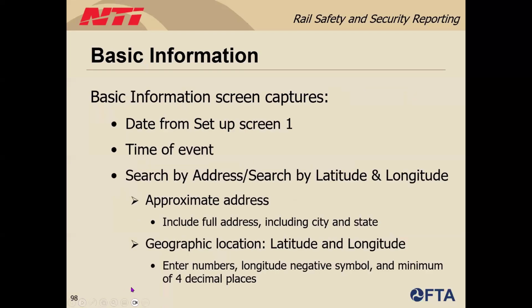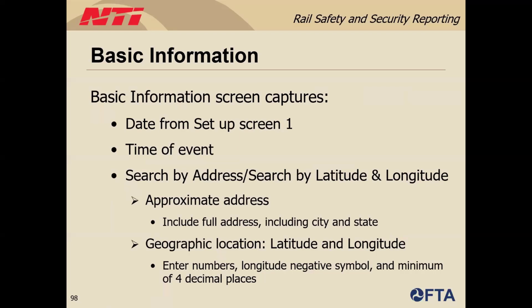All right. So the basic information screen. This is probably the most important screen you have to fill out. So if the event meets that criteria, this form appears, and the date that you already entered on Setup Screen 1 will come in there, and then you indicate the time, and you can also report the geographic coordinates.